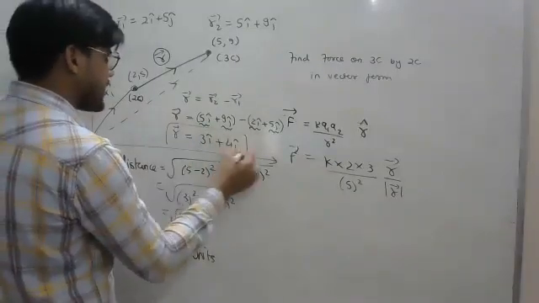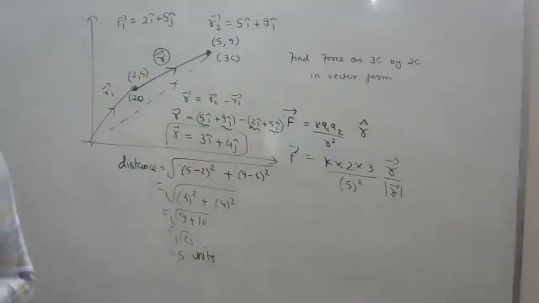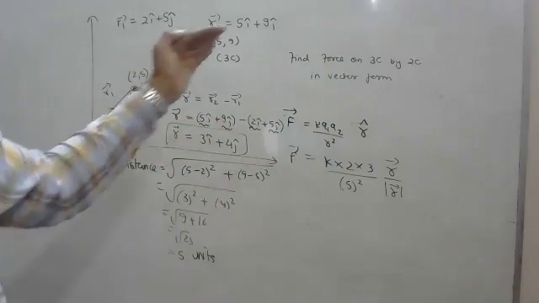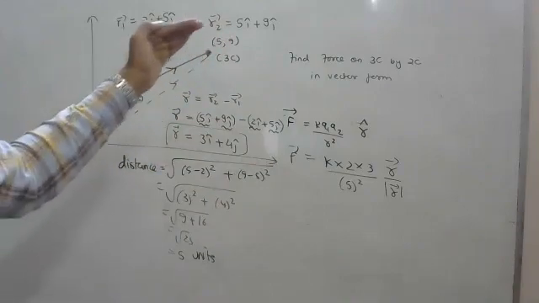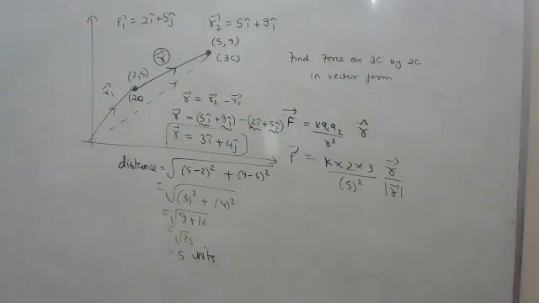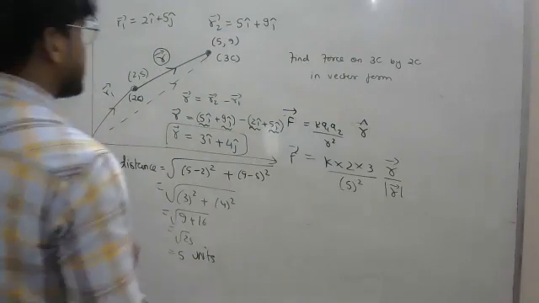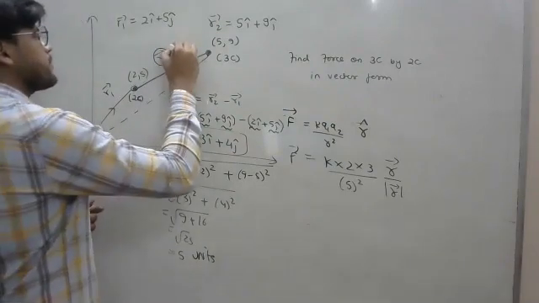Now this is r vector. Please understand, you have got the r vector, you have got this direction. This vector is known: 3i cap plus 4j cap.